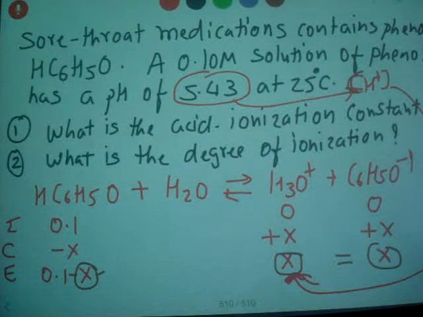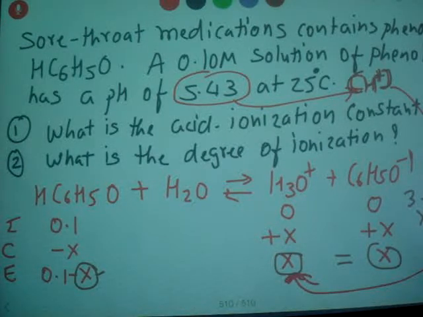So when you find the H plus ion concentration from pH, you get 3.7 times 10 raised to minus 6 molar.